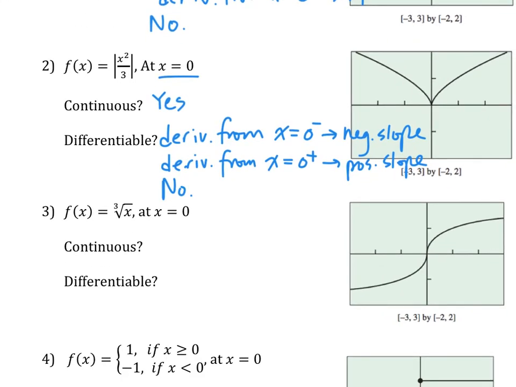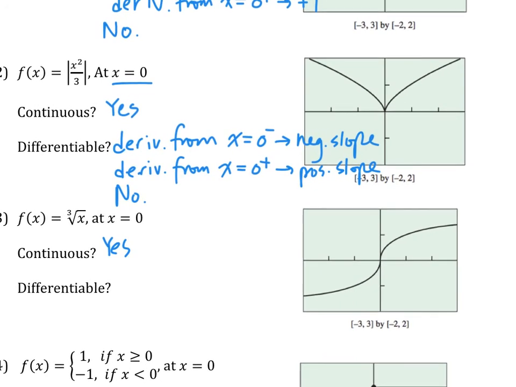All right, let's look at this one. Is it continuous at 0? Yes. What about the derivative from the left and the right? Kind of looks about the same, right? So is it differentiable? This is a little bit tricky. The next thing you can ask yourself is, if I were to put a tangent line at 0, what would be the slope of that line?